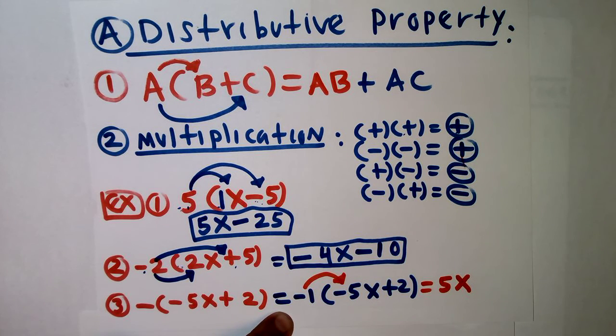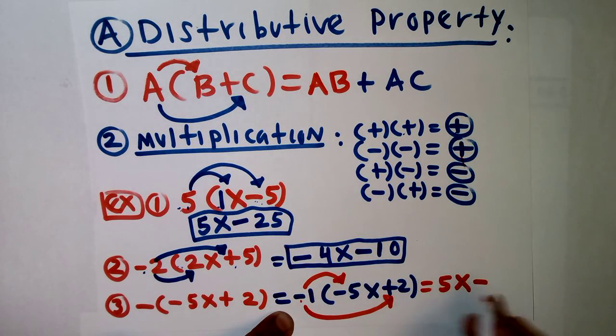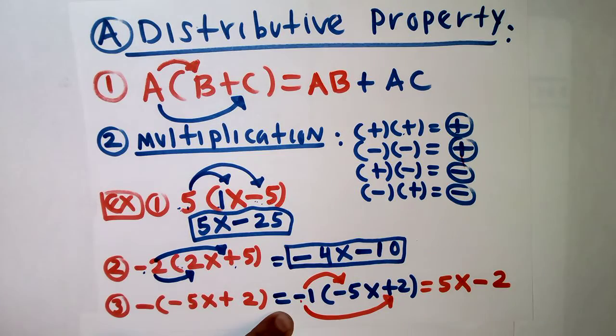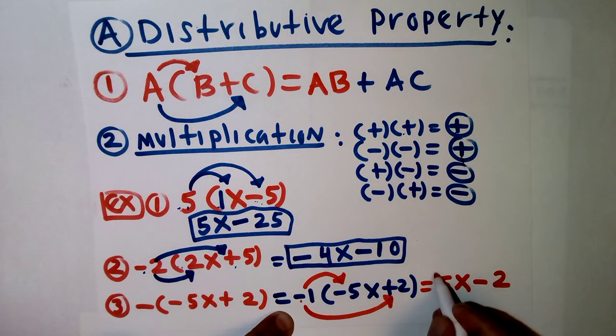When you multiply by 1, you always get the same thing that you multiply with. And last, negative 1 times positive 2. Since these two signs are different, right away you say minus. And what is 1 times 2? 2. And that's the end.